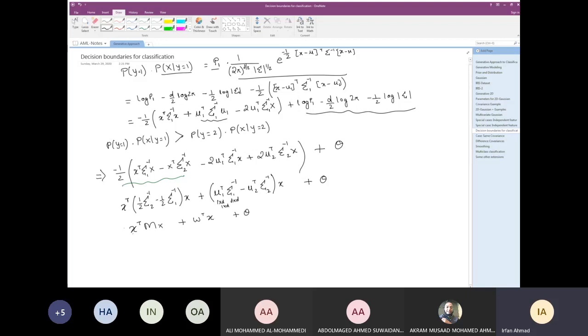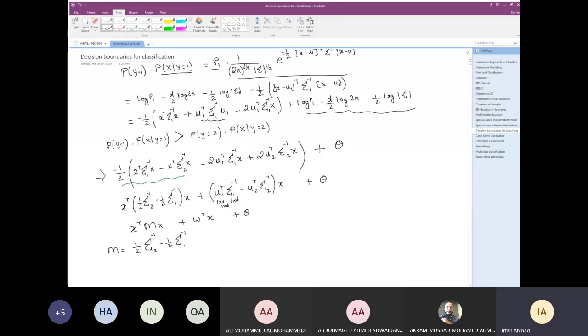So you get this w is a vector and x is of course the feature. What we are saying is M is half sigma 2 inverse minus half sigma 1 inverse. And what is w here?